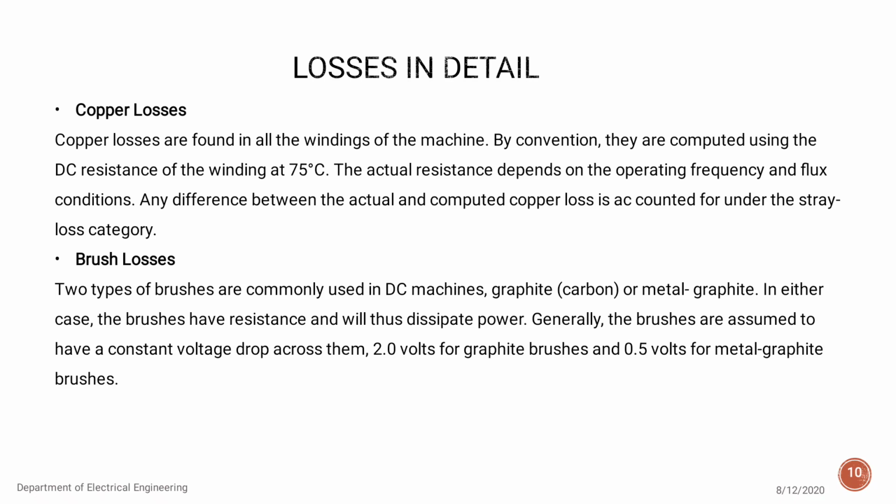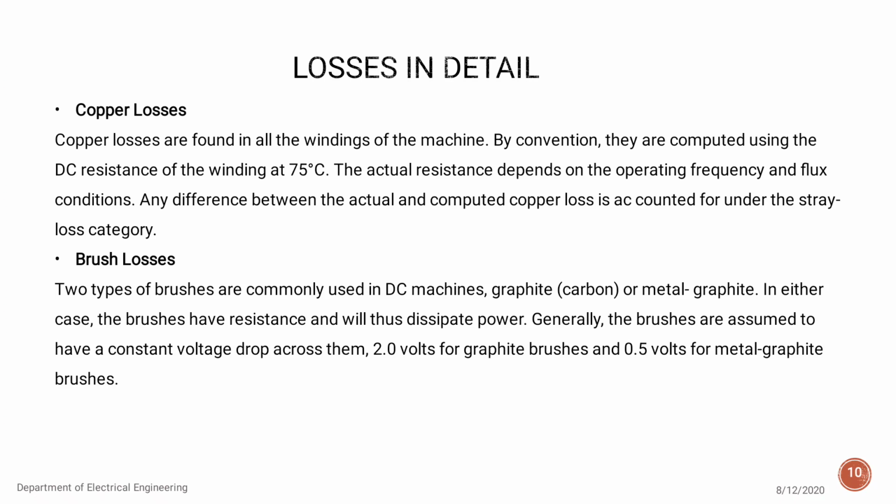Actually, whatever the resistance value for the winding is, it mostly depends on the frequency as well as the flux conditions. If there is any difference between computed and actual copper losses, then this comes under the stray loss category. Suppose there is a copper winding in a motor. That copper winding has some resistivity.